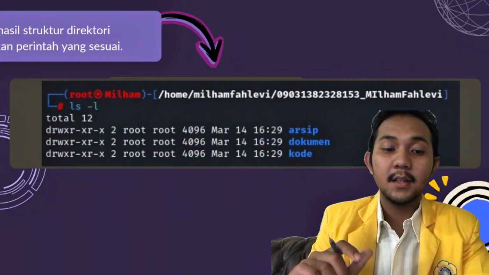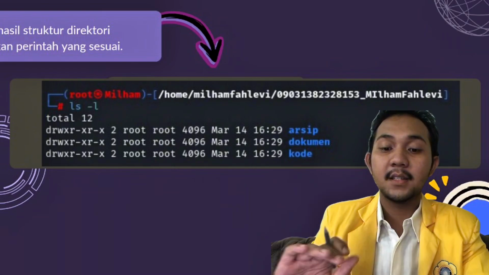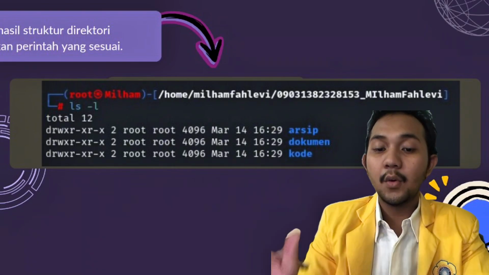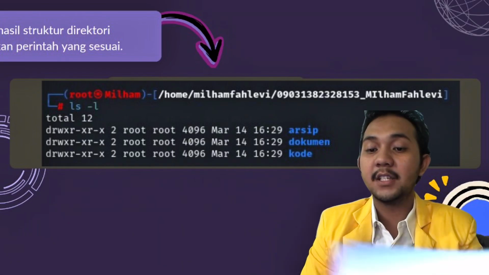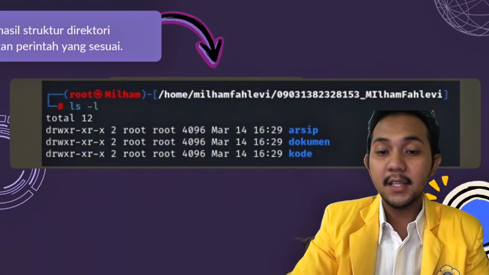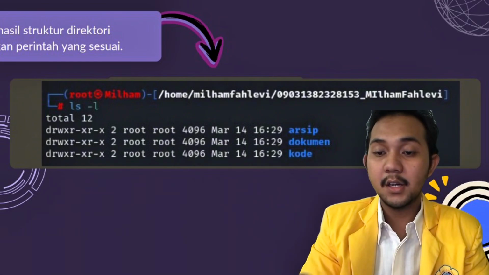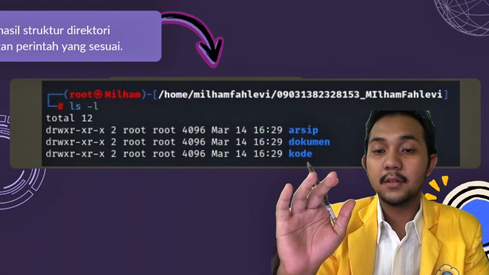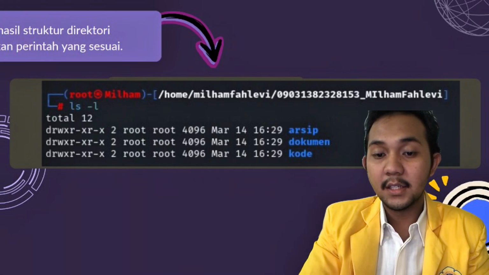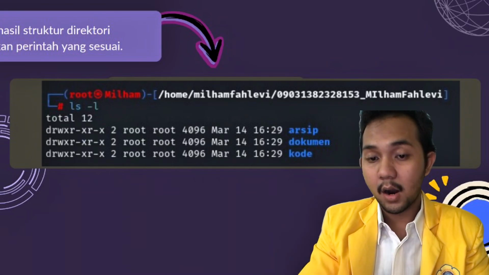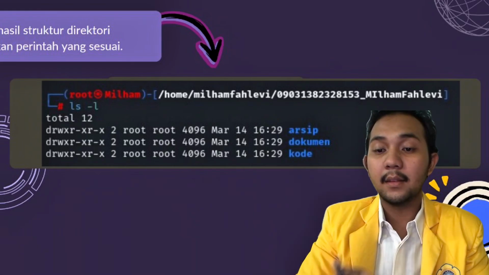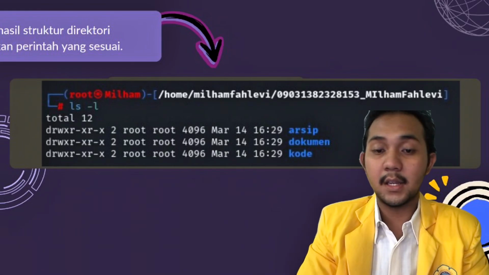This command provides additional information such as permissions, owner, group, file size, and modification date. Here we can see the structure, the directories document, code, and archive, with drwxr-xr-x for root, and then the modification date.